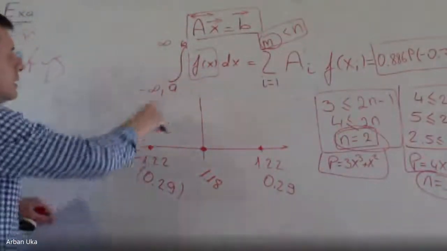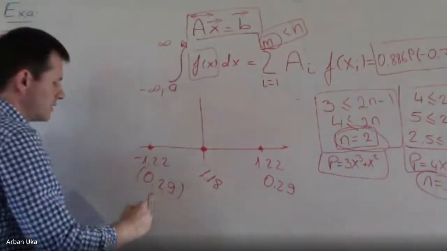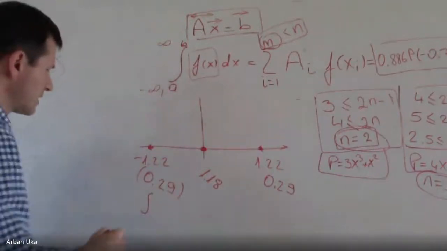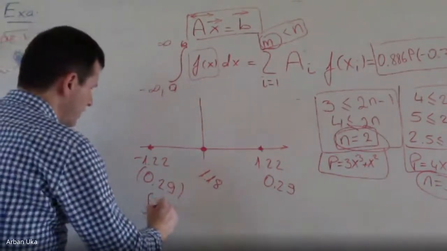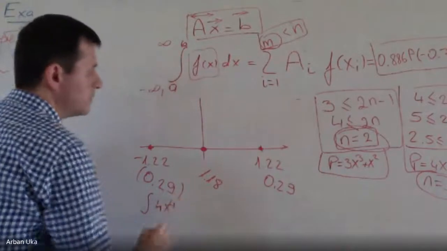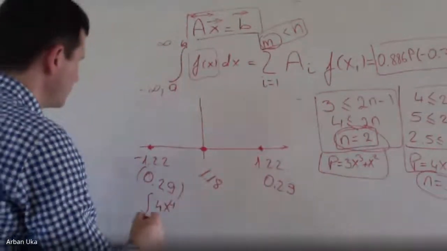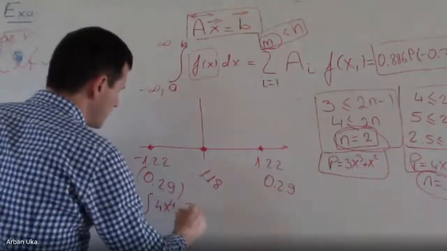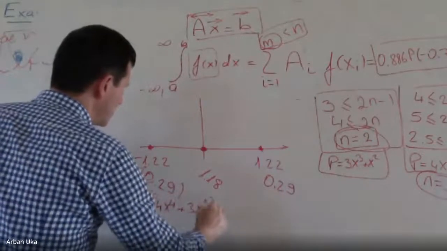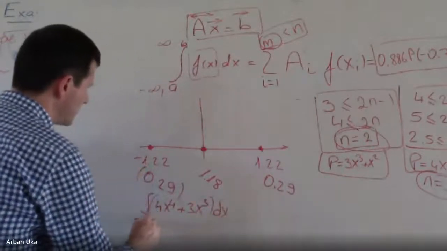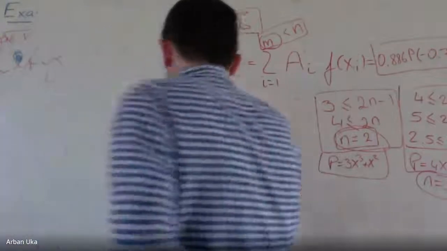So then the integral of a polynomial of the fourth order can be something like this. Let's say this is 4x to the power 4 plus 3x cubed. You can have more terms. Integral over dx from minus infinity to plus infinity.